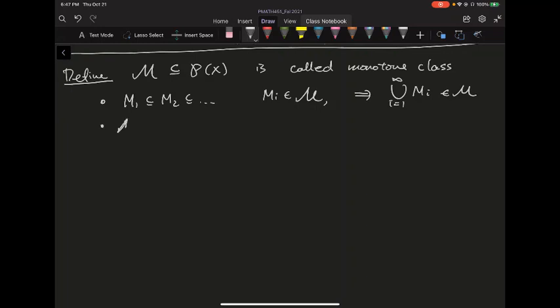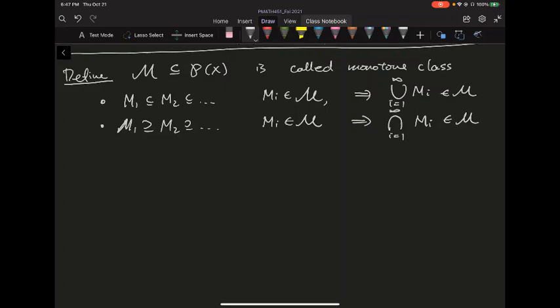You also do the decreasing chain. So you have a decreasing chain of elements from M, each Mi again from M, then the intersection of these Mi, i going from 1 to infinity, is in M. So this is called a monotone class.